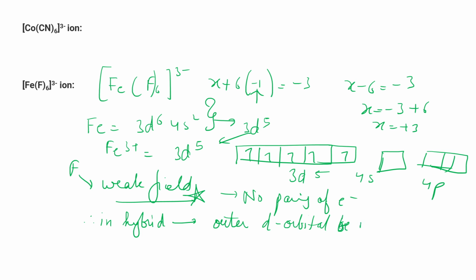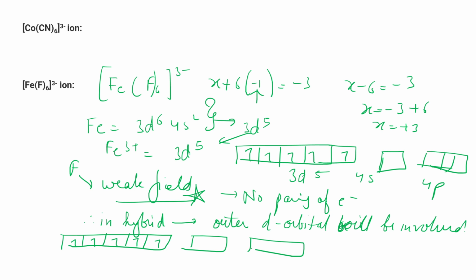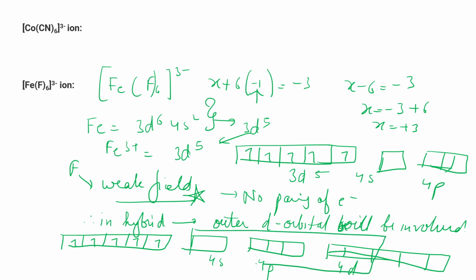Therefore, 3d will remain as it is, having 5 electrons. 4s, 4p, 4d. Hybridization will include outer 2 d orbitals. So this will be the hybridization, sp3d2. Ligands will donate their electrons in these hybrid orbitals and form the metal coordinate complex.